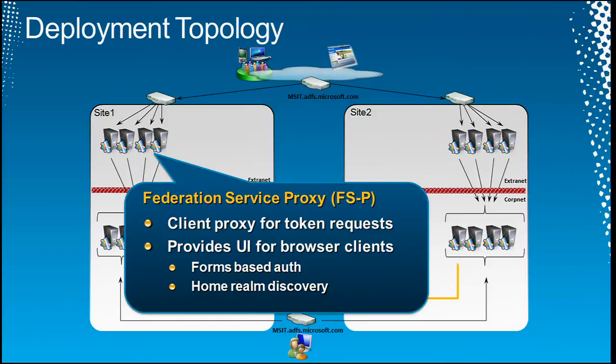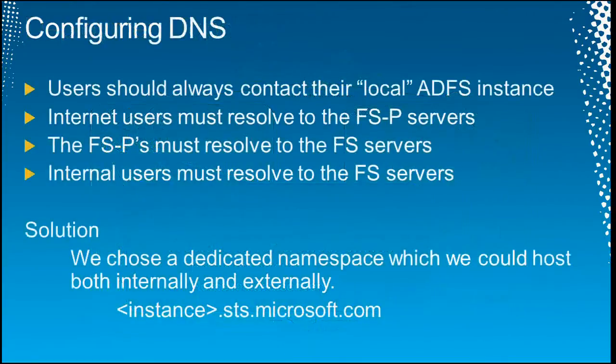Gets to sit out on your extranet, doesn't need to be domain joined, creates an SSL termination point, all good things. Also provides a user interface for your browser-based clients that don't necessarily rely on integrated Windows Auth. So it provides you a mechanism for forms-based authentication for your internet-based clients. Also provides a proxy mechanism to allow for home realm discovery for your internet-based clients.